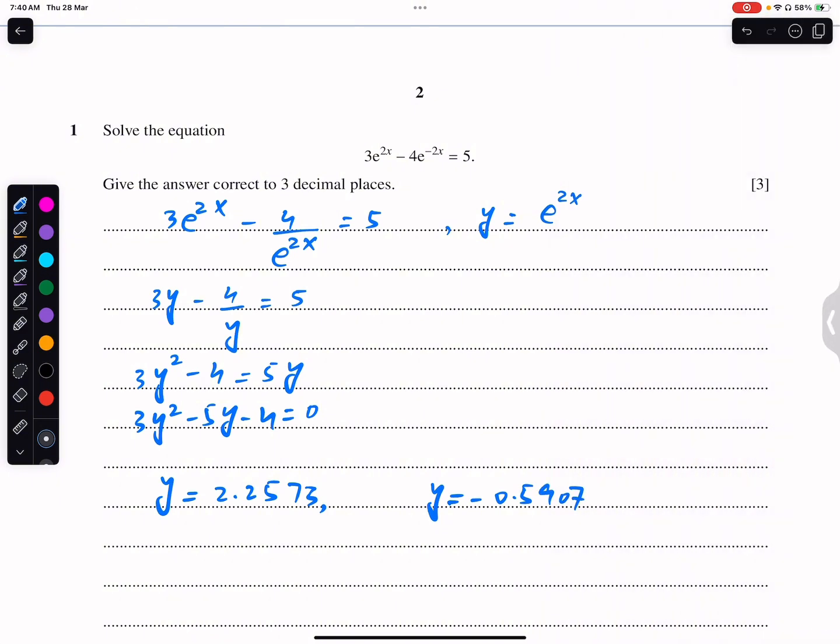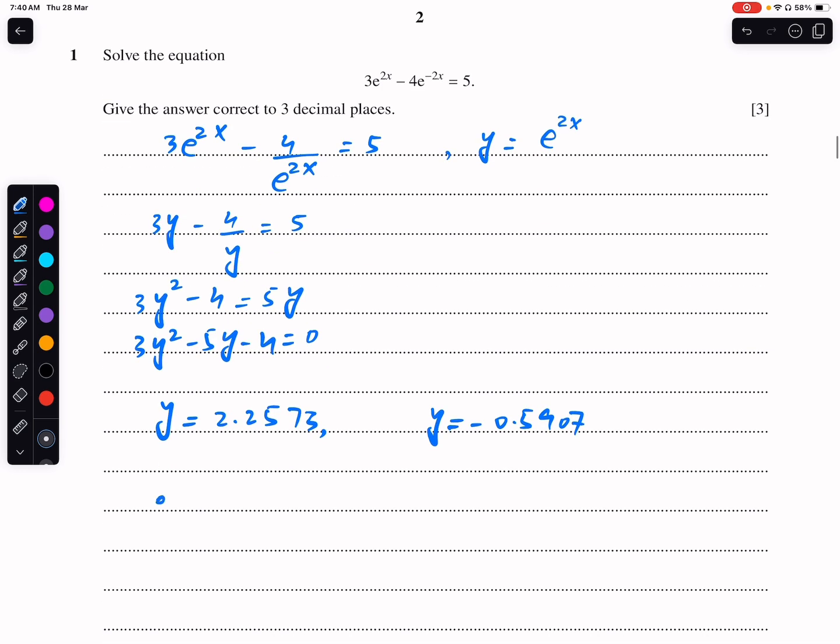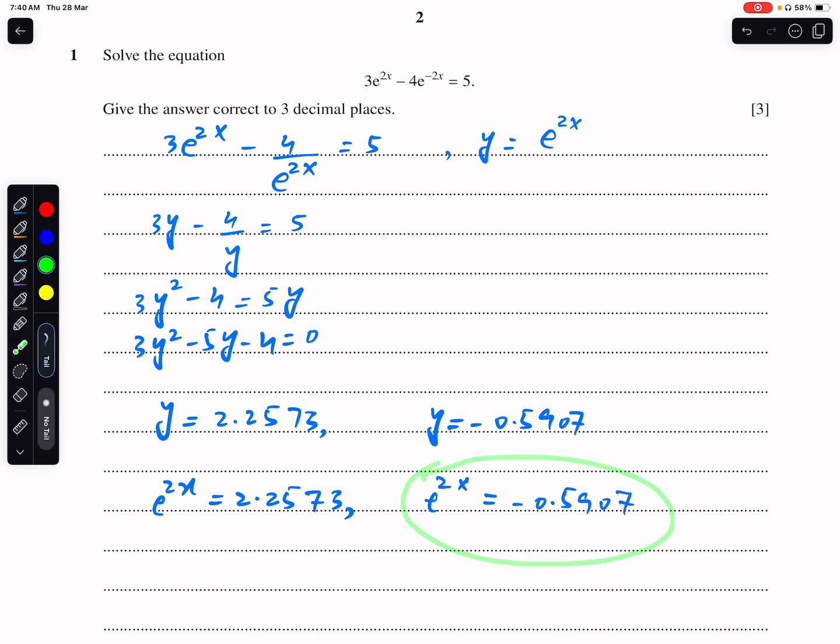Okay, so the y was e raised to power 2x, so e raised to power 2x is equals to 2.2573, and then e raised to power 2x is equals to minus 0.5907. So all of you know that this is not possible because exponential function can never give you some negative value. Okay, so this is not possible.